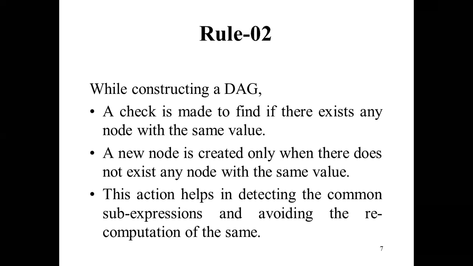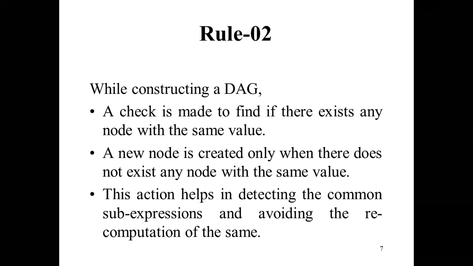A new node is created only when there does not exist any node with the same value. So first you have to check whether this node has the same value or not. If it does not have the same value, then create the new node. Each node must have a different value, don't repeat that.